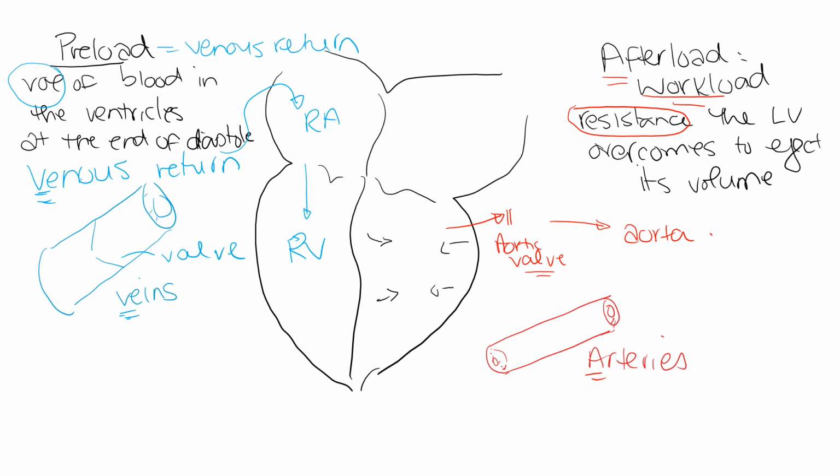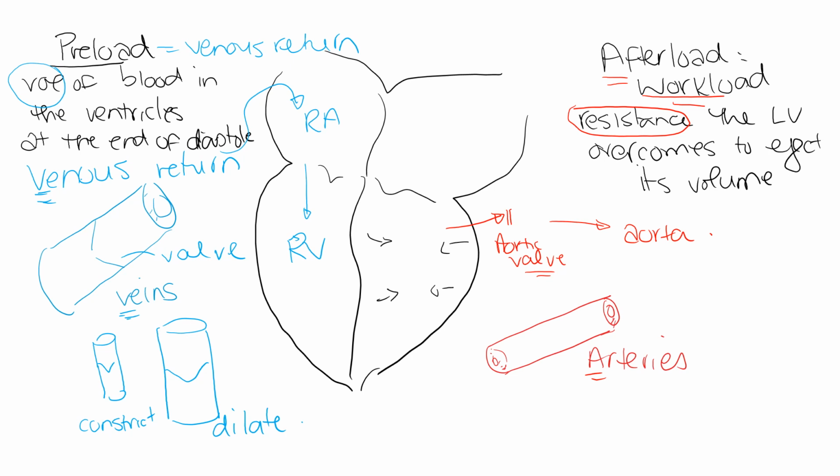So think for a minute, if you have a vein that is vasoconstricted versus a vein that is really vasodilated, how might that affect preload? So we have one vein that is vasoconstricted, and we have a vein that is vasodilated.